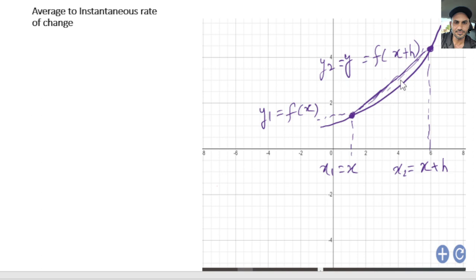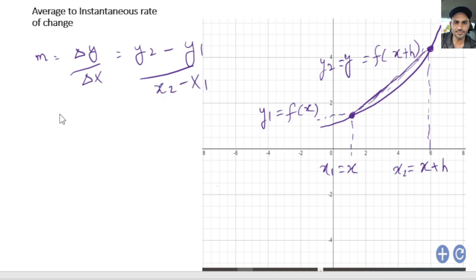The slope of this line represents the average rate of change over this interval for this function. That's what we found out previously. So m equals change in y over change in x, which is y2 minus y1 over x2 minus x1.